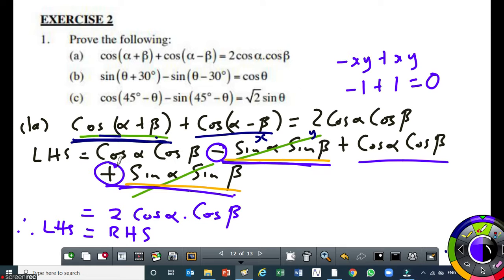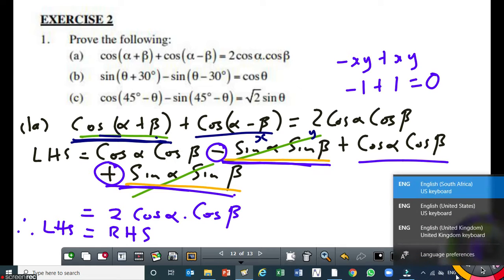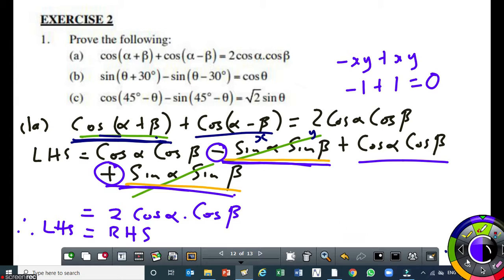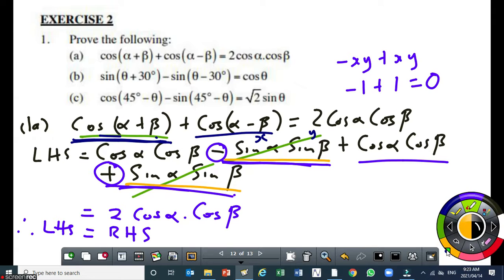When they cancel out, you will be left with cos alpha times cos beta plus cos alpha times cos beta. They are like terms and they are adding each other, so you end up getting 2 cos alpha times cos beta. Therefore, the left-hand side will be equal to the right-hand side.